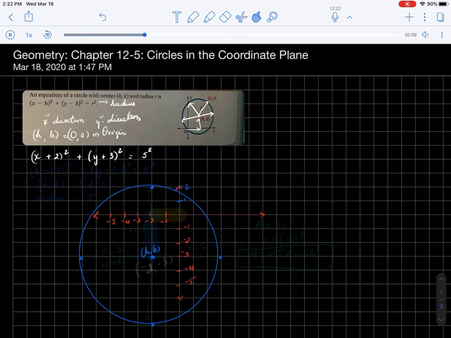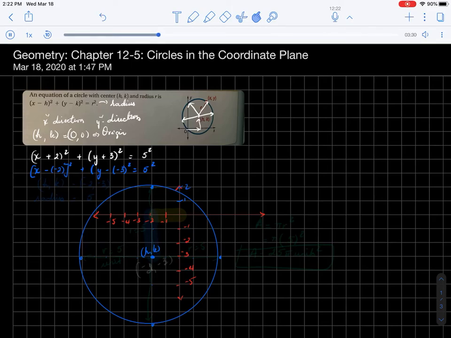If I were to get into this form, I want to turn the H, let me change. So X should be minus a negative 2 square plus Y minus a negative 3 square, and my radius is 5.